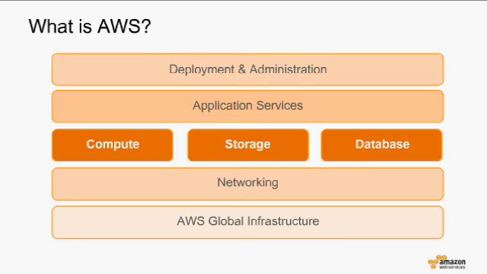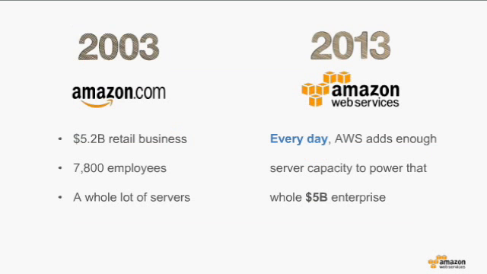Just to give you an idea of the magnitude of what we're providing and how this has grown: if you take a look at Amazon as a company, this is the retail side of Amazon. In 2003, we had a $5.2 billion retail business, 7.8 thousand employees, and a lot of servers, obviously, to support that retail business.